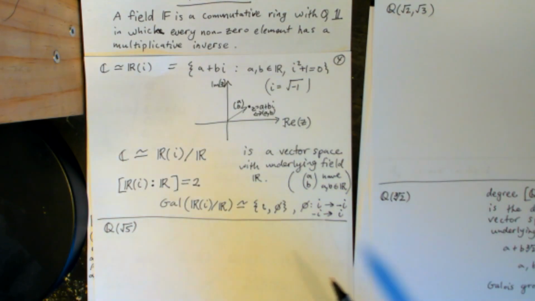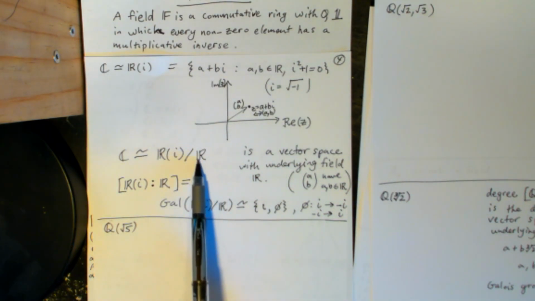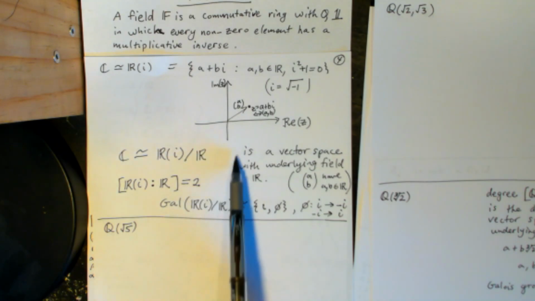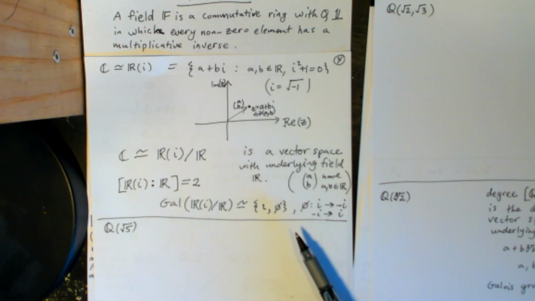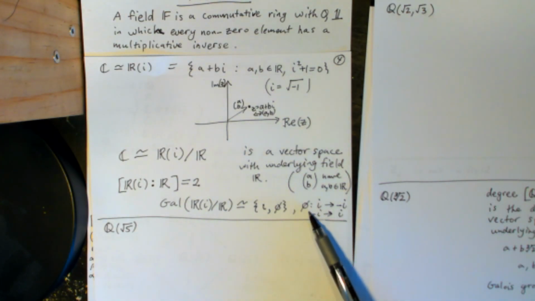But what it does is it leaves this base field, the real numbers, fixed because the real number a gets sent to the real number a, and so it's fixed by this automorphism of the field. Now an automorphism is an isomorphism of the field to itself. Right, so essentially you have two fields that are algebraically the same.